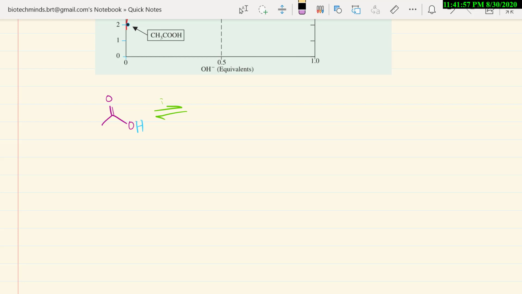If the pH is increasing, this H will dissociate, H plus will dissociate, and it will react with any solvent, water or something. It is dissociated, and what will this component become? This part will become electron rich.